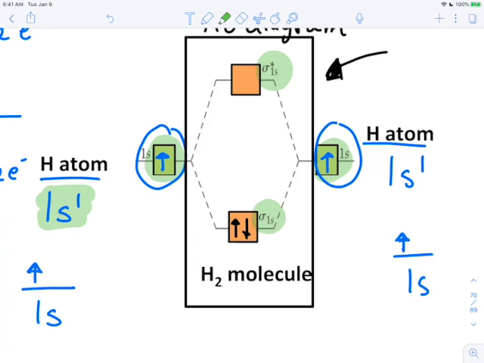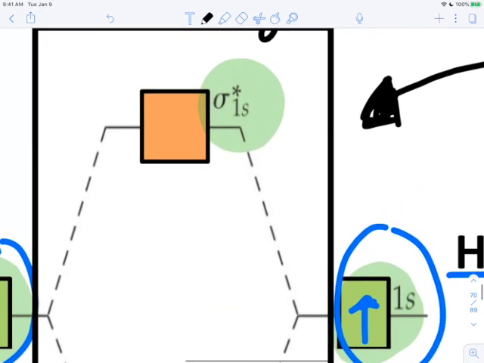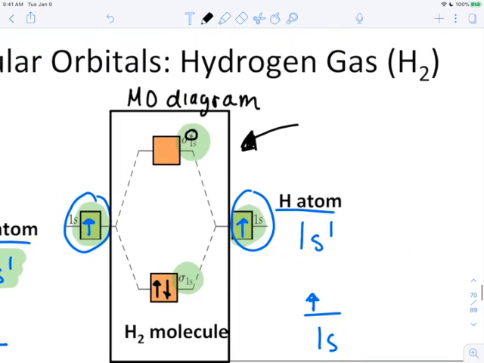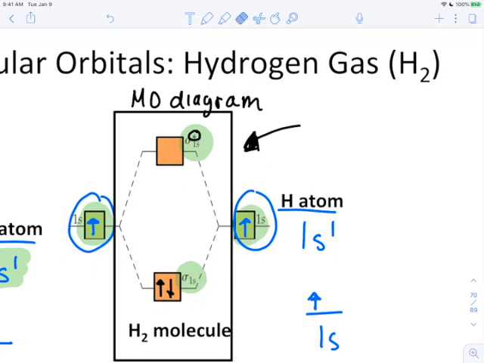You can see they're different energy levels. One is a lower energy level, it's favorable. One is a higher energy level, and it's unfavorable. And that unfavorable one has a little star right here. And that star represents it as being what we call an antibond.